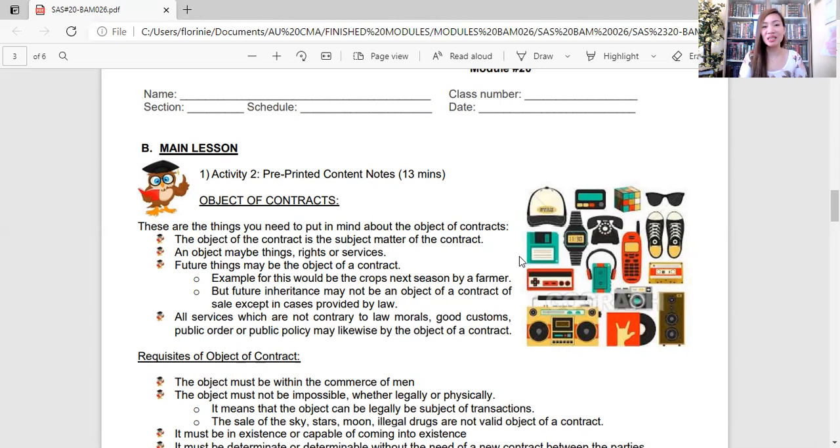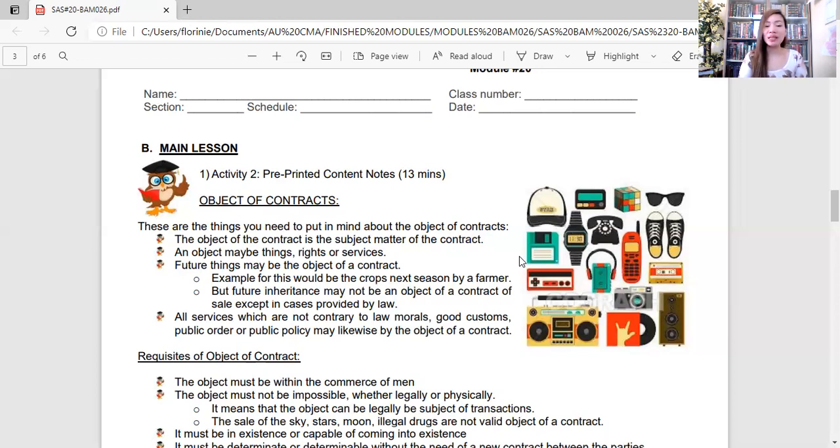O kaya, hindi pa tinatanim, pero dahil yun naman talaga yung palagi ang ginagawa ng farmer na yun, pwede na niyang maging object, say, contract of sale. Pwede nang maging object ng contract of sale yung kanyang aanihin pa lang na palay. However, yung future inheritance, please keep in mind na may not be an object of contract of sale. All services which are not contrary to law, morals, good customs, public order, or public policy may likewise be the object of a contract.